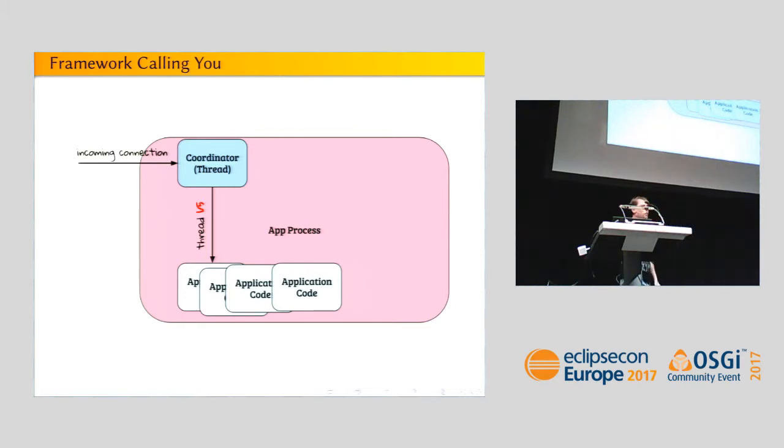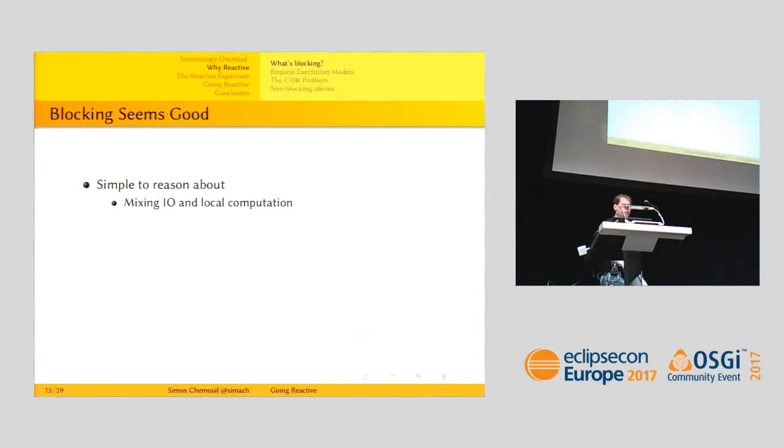But most of the time, the code looks like this. I'm doing a DB query, and that DB query has to take some time. And the thread is going to be blocked for some time. That's fine if you have many of these threads, but if you have a few, not fine. So it seems good, because we used to reason that way. And we can mix I/O, we can mix state and effects and local computation.